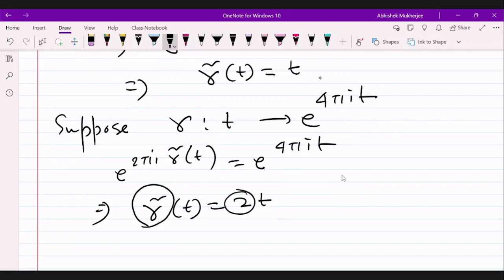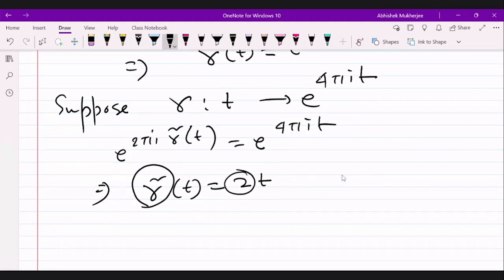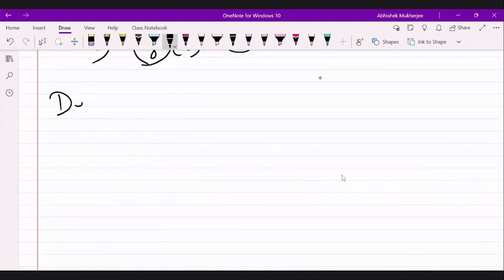Great. So I'm going to define the lifting of a map just using this observation through this example. That means suppose you take some space x tilde, x, and suppose there is a map from x tilde to x.